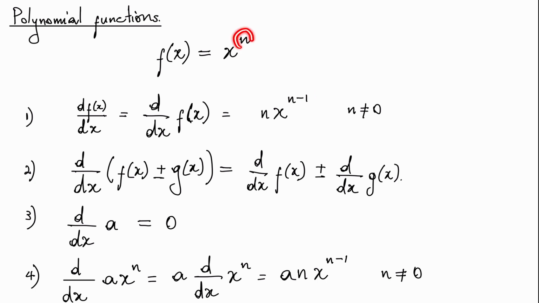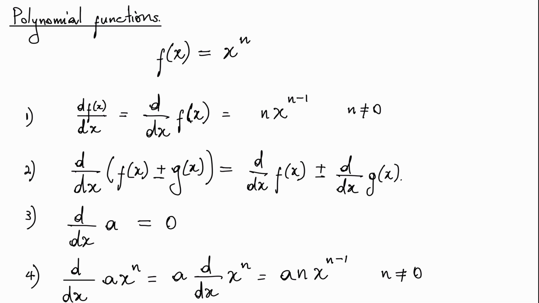Initially n was the power of this term, but now you bring down n so that it multiplies the whole term, and then you reduce the power by 1. So as a result, we obtain something like this. You bring back x, except with its power reduced by 1, and now this term is multiplied by n, which used to be the power.